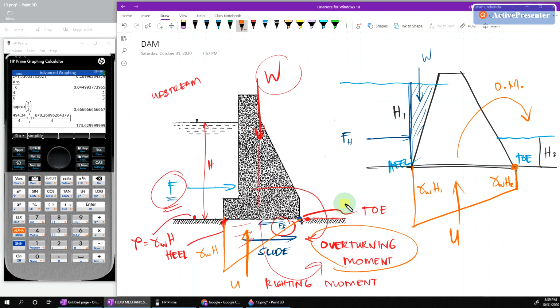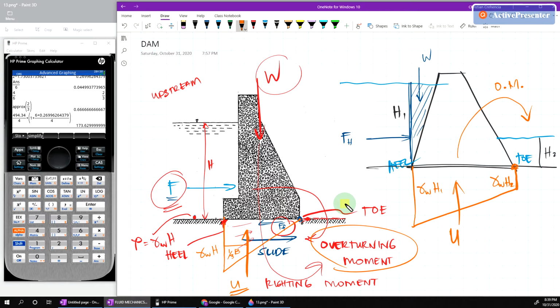And since this is triangular, then this is 1/3 ng base, then yung kabilang side of course is 2/3 ng base. Okay, so pwede rin naman sabihin sa problem na no uplift force dun sa bottom ng dam, so i-disregard mo lang tong uplift force U.